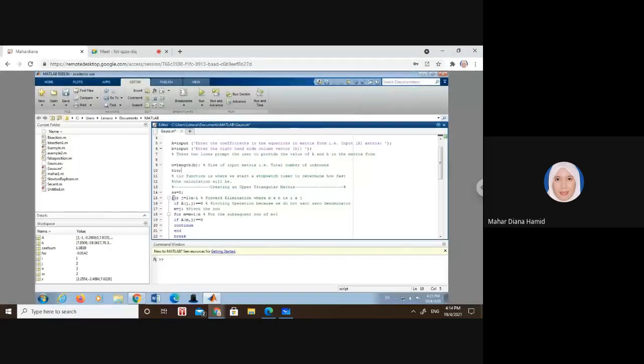And this line here is actually a forward elimination where m times n is actually i times j. So j here is the column.